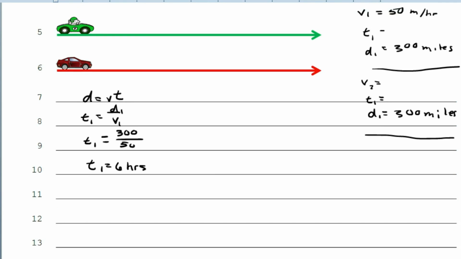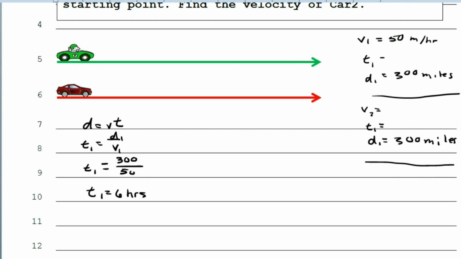And we know that car 2 left 2 hours later. So that means T2 spent 2 hours less on the road. Car 2 spent 2 hours less on the road. So T2 is T1 minus 2, and it's 4 hours. And we can figure out what V2 is from that.